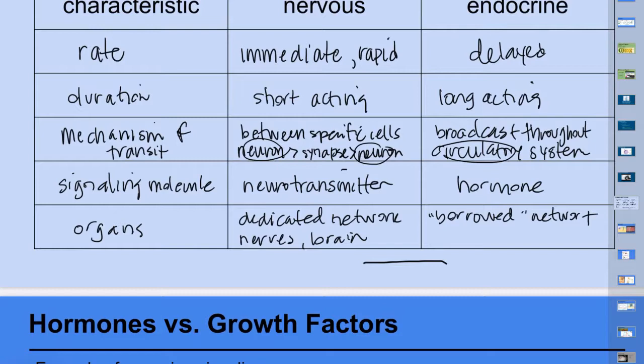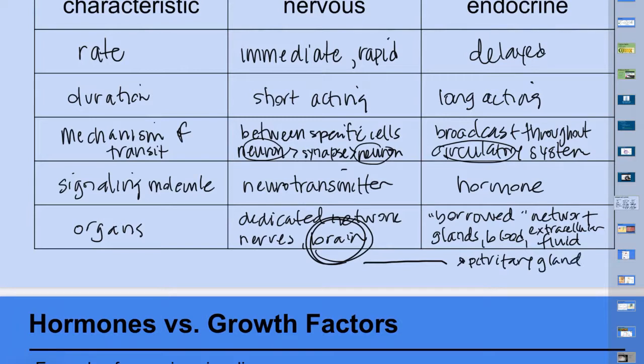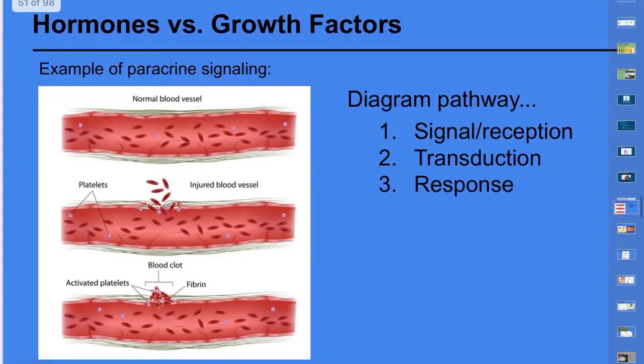On the endocrine side, however, it's a borrowed network. There's no dedicated network, and it uses the circulatory system, the blood. The hormones are produced in glands, and then they use the blood and the extracellular fluid to deliver the signal. And as I said before, the master organ over in the nervous system is the brain. Over here, the master gland is the pituitary gland.